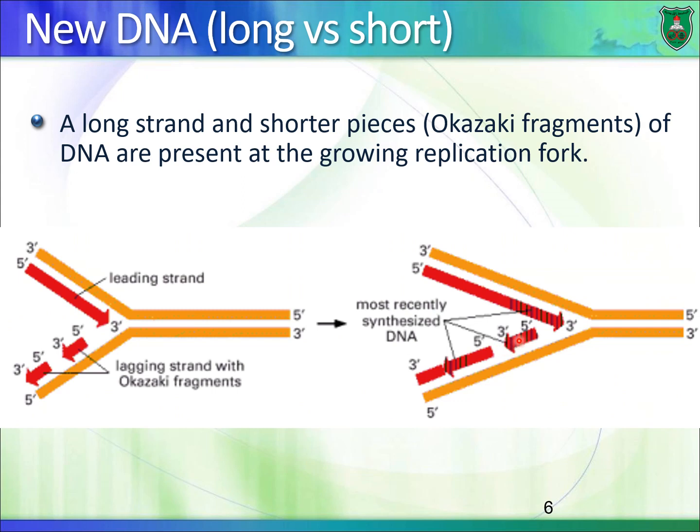Again, these short fragments are known as Okazaki fragments, based on the name of the discoverer of this phenomenon. So you have a leading strand and a lagging strand, and the lagging strand waits for the leading strand to open up the fork further to allow for the synthesis of another Okazaki fragment. So DNA is synthesized in the direction of 5' to 3' for both strands.